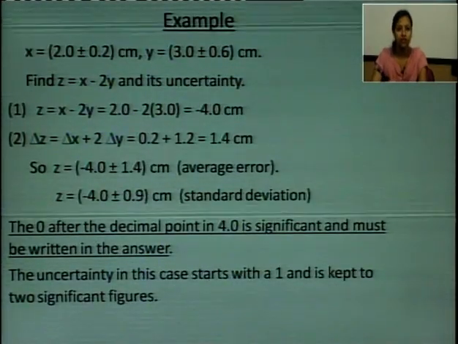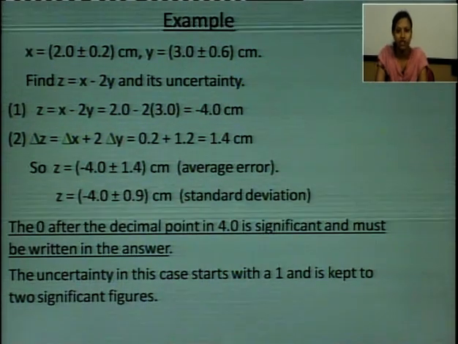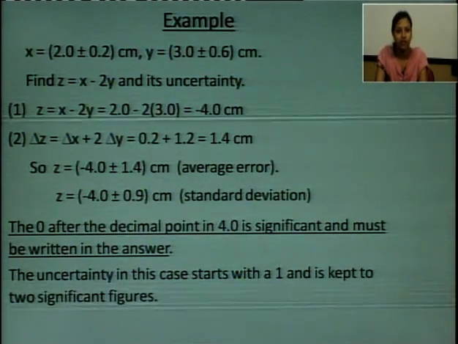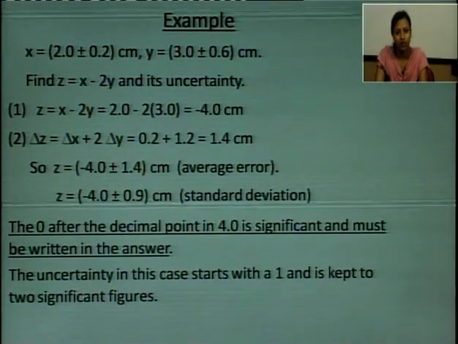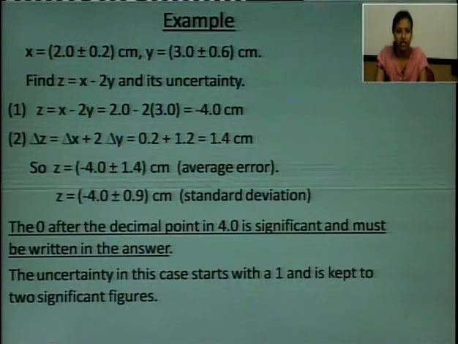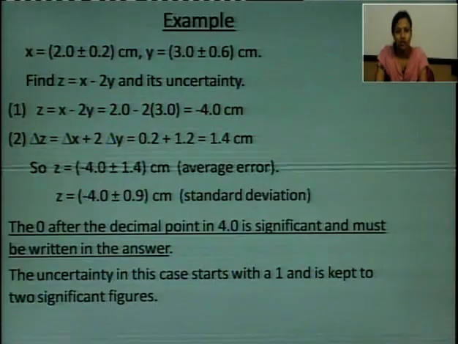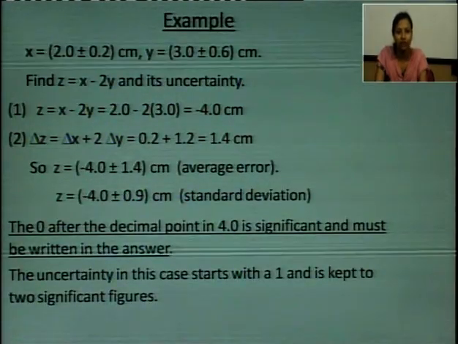Next example is if X is equal to 2 plus minus 0.2 and Y is 3 plus minus 0.6, find Z. Z is equal to X minus 2Y and its uncertainty. So we can easily calculate Z is equal to X minus 2Y. Central value of the X is 2 and Y is 3.